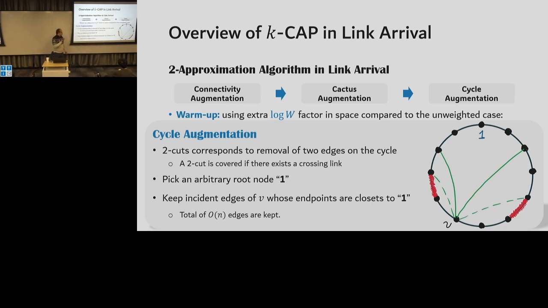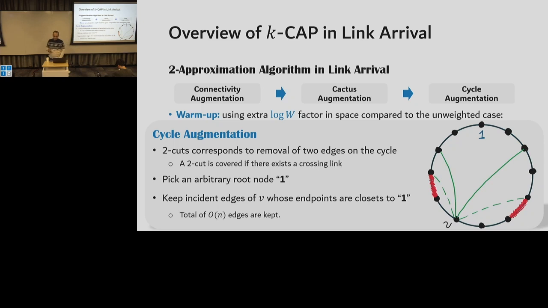It's easy to show that there are always enough of them for covering all these 2 cuts that I described. And the nice thing is that the total number of edges that we need to keep is order of n now. We only need 2 edges per vertex.